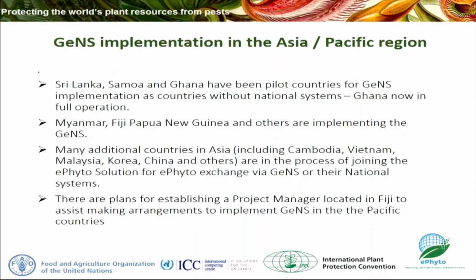Another bunch of countries, Cambodia, Vietnam, Malaysia, Korea, China, they're all in certain stages in terms of accessing and using the ePhyto. And based on some of the information we received at a workshop a couple weeks ago in Fiji, there are plans to have an ePhyto regional manager in the Pacific countries.